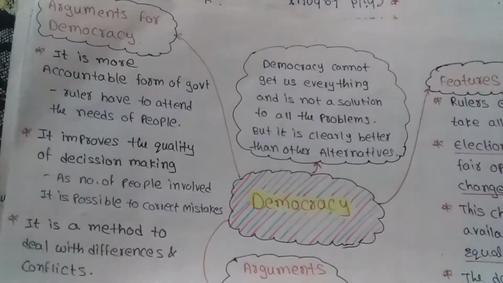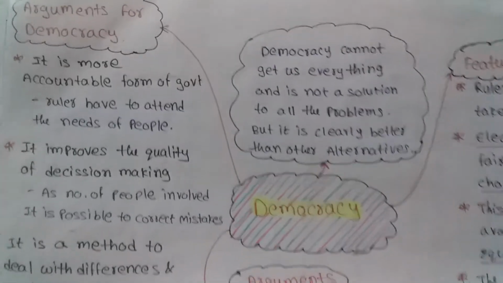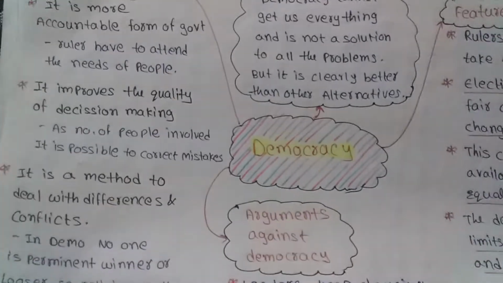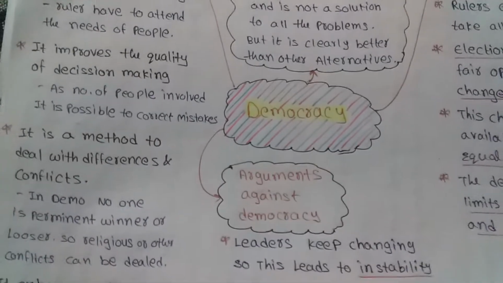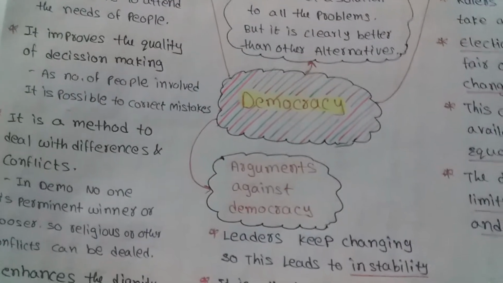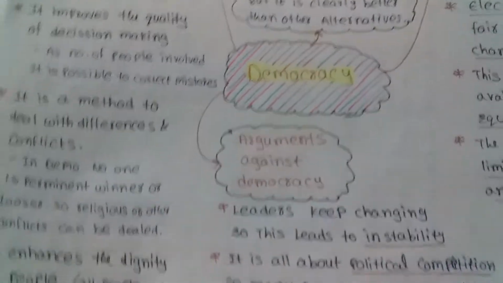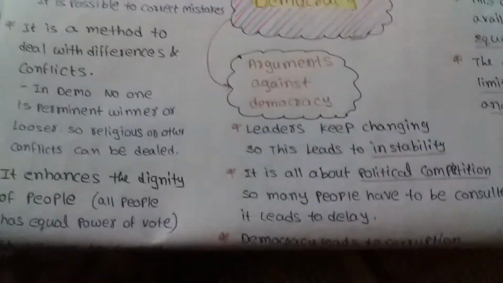And let's see the arguments for democracy first. Of course, it is a more accountable form of government because rulers have to attend to the needs of people, and democracy improves the quality of decision making because a number of people are involved, so it is possible to correct mistakes, and it is a method to deal with differences and conflicts.